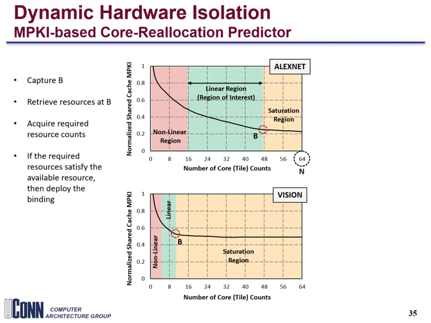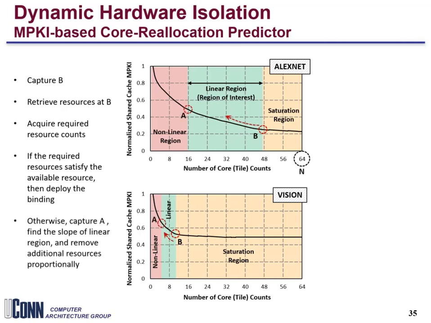If the required resources turn out to be equivalent or lesser than the total available system resources, shown as N over here, then it means we have achieved our load balance resource binding. Otherwise, we capture another point to retrieve the linear region, find the slope of this region using points A and B, and lastly, remove the additional resources proportionally based on the slope of each process's linear region.